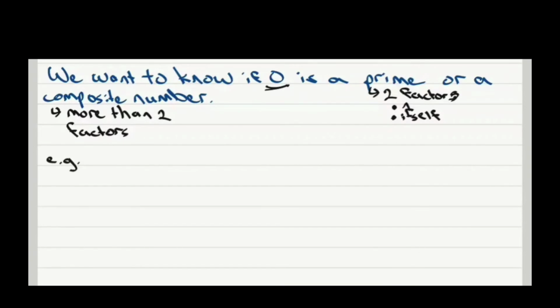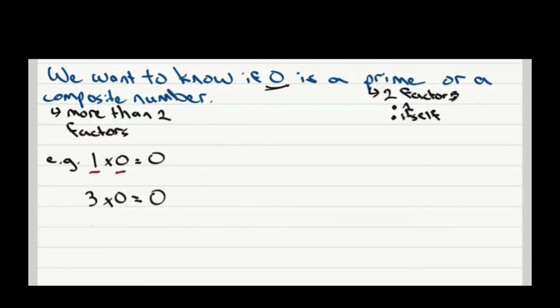So let's say 1 times 0 equals 0. The numbers 1 and 0 multiply together to give 0. As a result, we can say that 1 and 0 are factors of 0. Let's try a different example. How about 3 times 0? That produces 0. Both 3 and 0 are factors of 0.